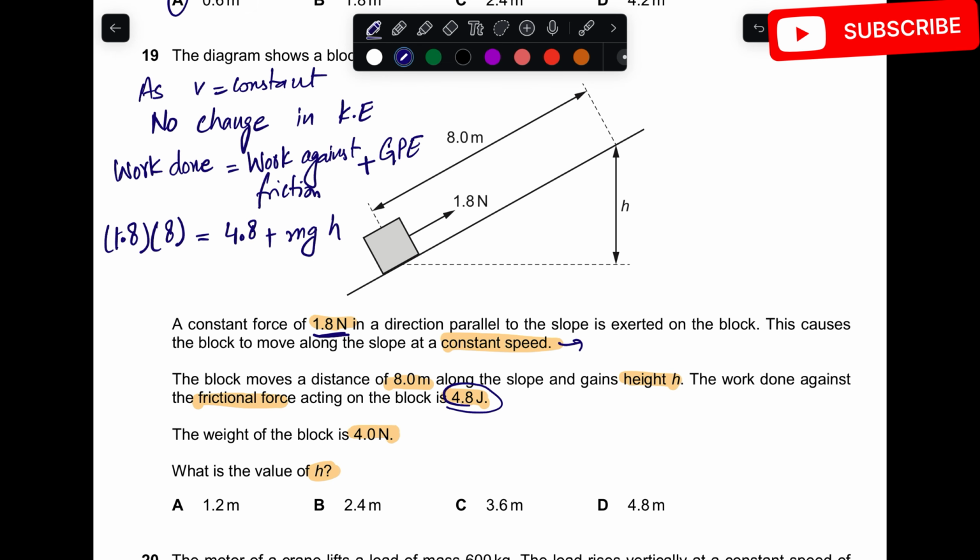We have the weight of the block, there it is. So mg is basically 4. Okay, so h can be written as h equals 1.8 times 8 minus 4.8, whole divided by 4. That will give you the answer 2.4. Option B is correct.